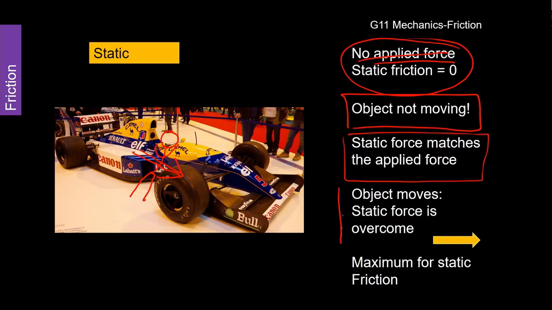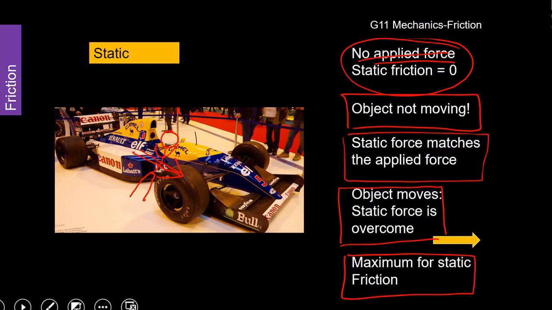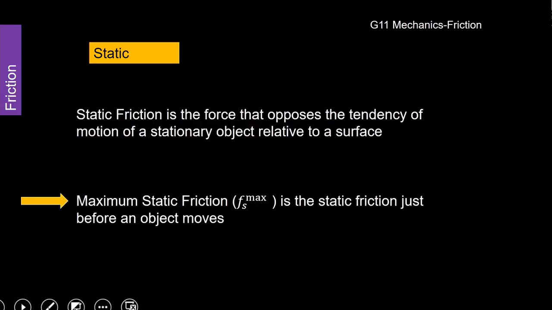So if the object then starts to move, just as it starts to move, that static frictional force is overcome and the static frictional force will be at its maximum. That's the maximum it can ever be. Interesting, isn't it?